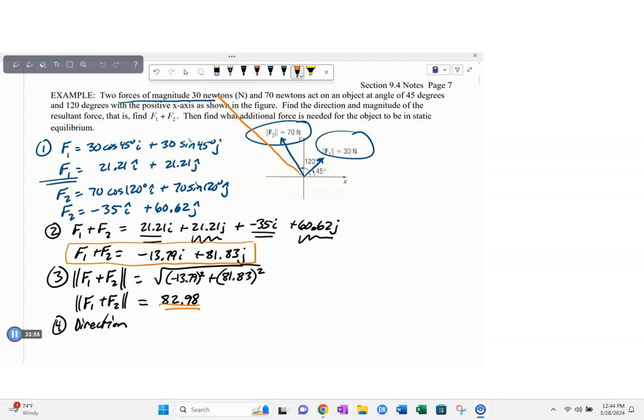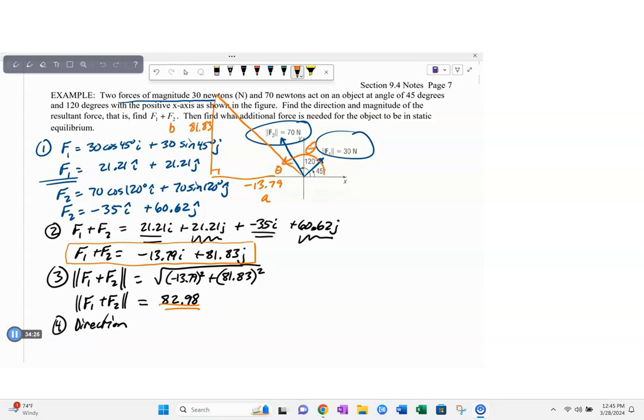So how do we find that angle, theta? Let's say I was drawing this. This is negative 13.79. This is 81.83. So here's my A, here's my B, and I'm trying to find theta using right triangle trig.